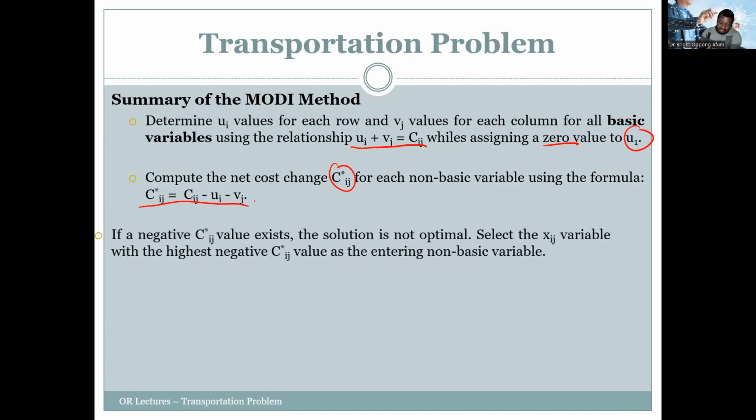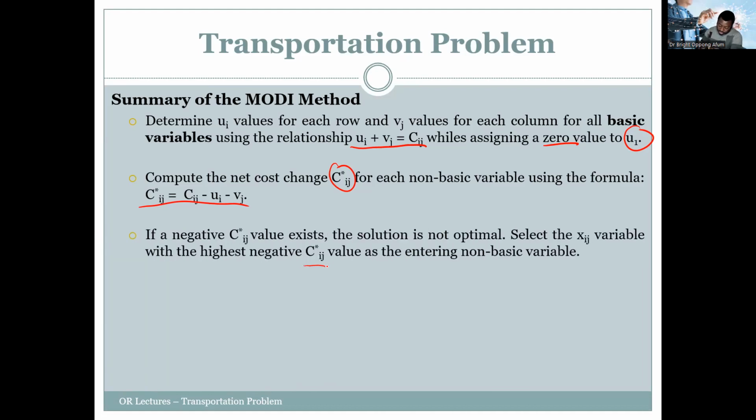So if a negative unit cost change exists, then the solution is surely not optimal. So we select that Xij, that non-basic variable that needs to be allocated, that has the highest negative value, as the entering non-basic variable.